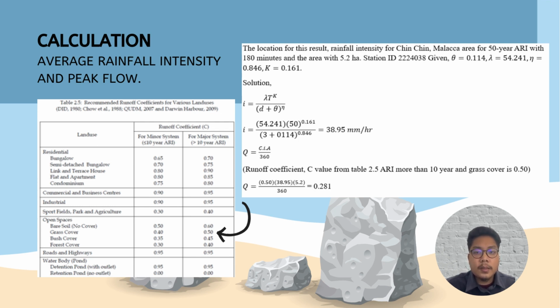This is from MASMA Table 2.5. So we insert the CIA value: 0.50 times 38.95, the I value, which we calculated before, and the A value is the area, so we get 5.2 hectare, and we divide by 360, so the answer is 0.281 for the peak flow value.